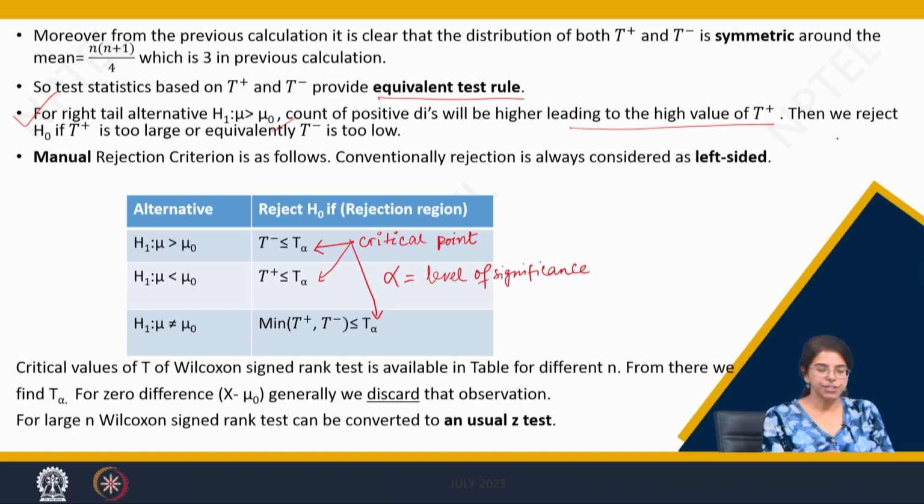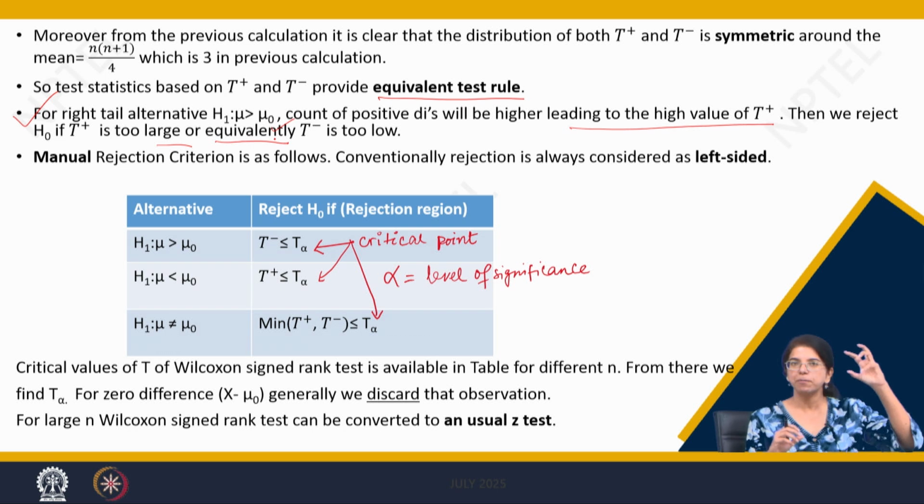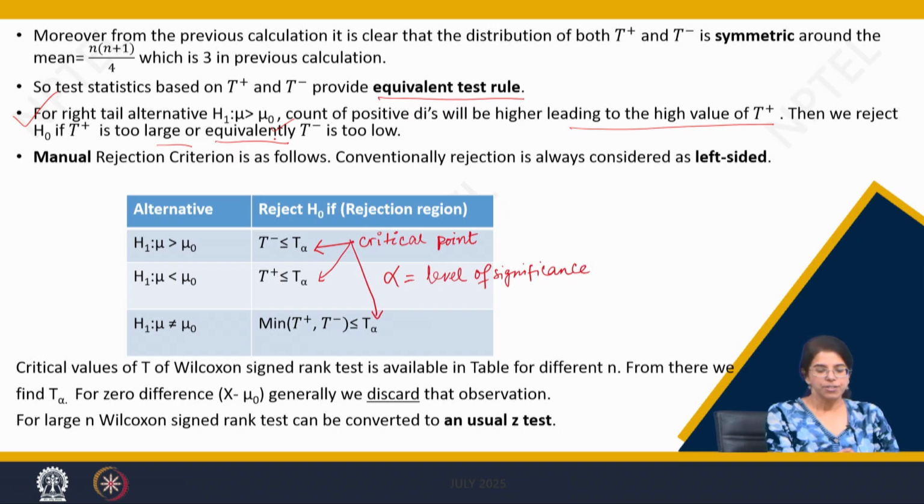Then we reject H naught if T plus is too large, or equivalently, T minus is too low. Because if T plus is increasing, invariably T minus is decreasing. So, therefore, you can make your rejection region on the basis of T minus.